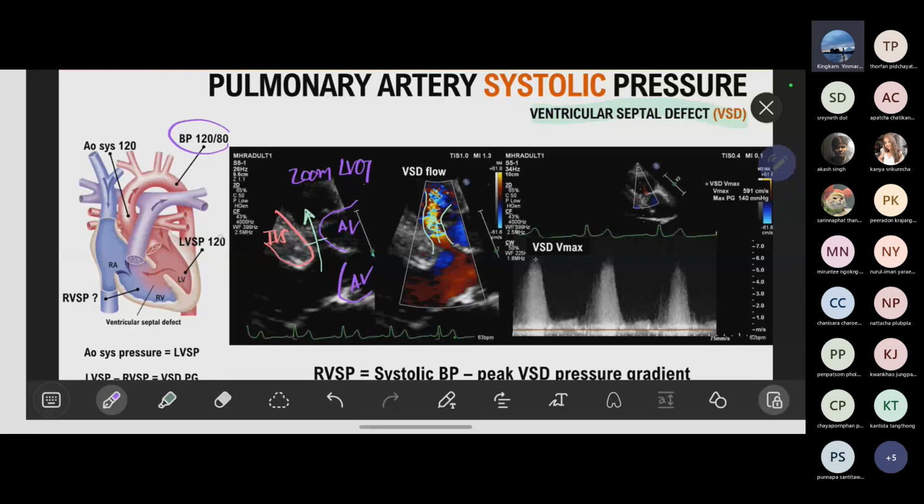So you get LVSP 120. And you want to know the pulmonary artery systolic pressure. If you know the blood flow velocity across the defect, you can calculate the pressure gradient.